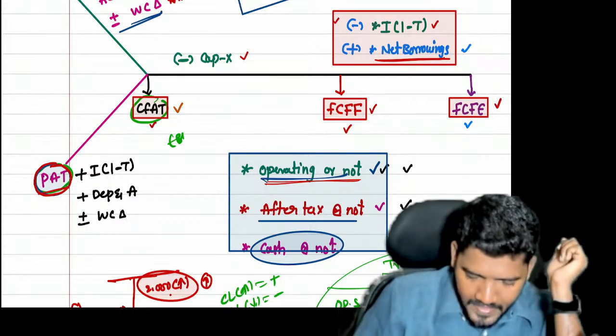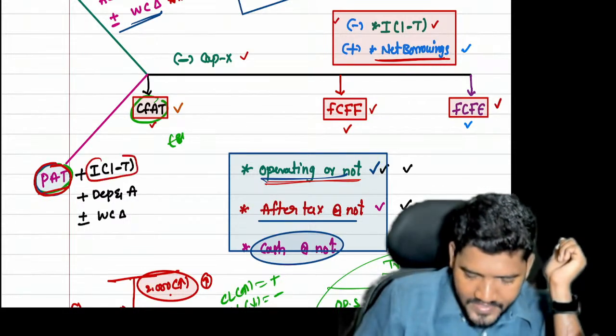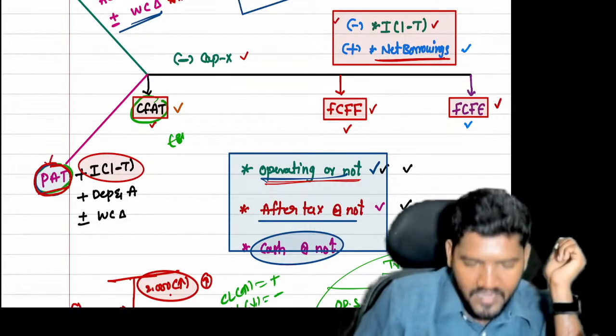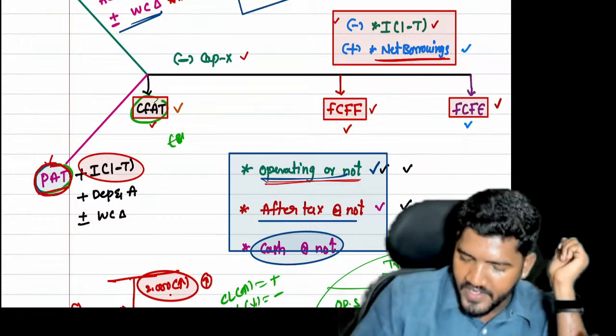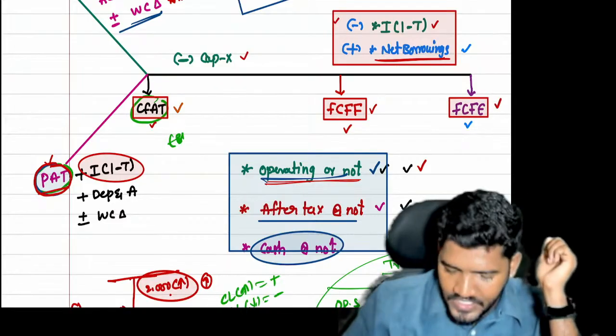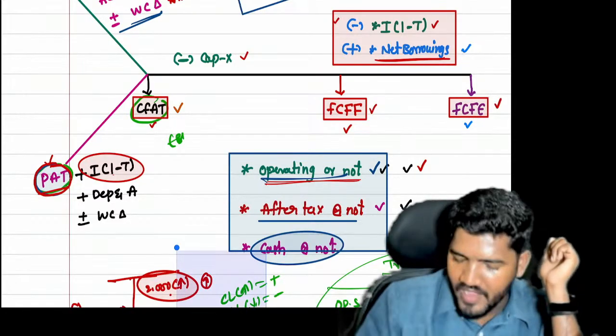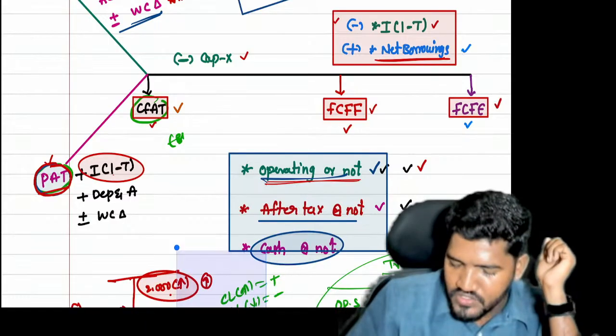So, PAT plus interest times 1 minus tax. Now this PAT is converted into EBAT. Condition 1 satisfied. Condition 2, after tax or not? Yes, interest times 1 minus tax is after tax, so condition number 2 is also satisfied.